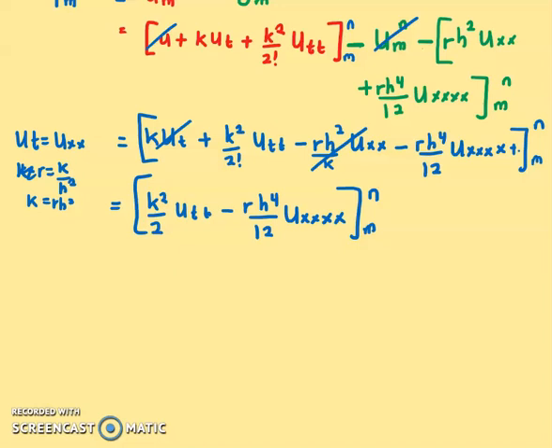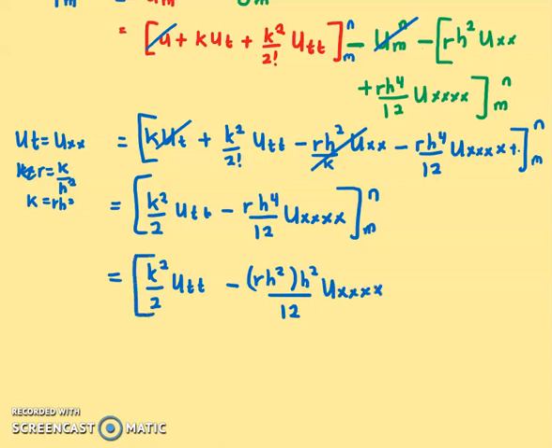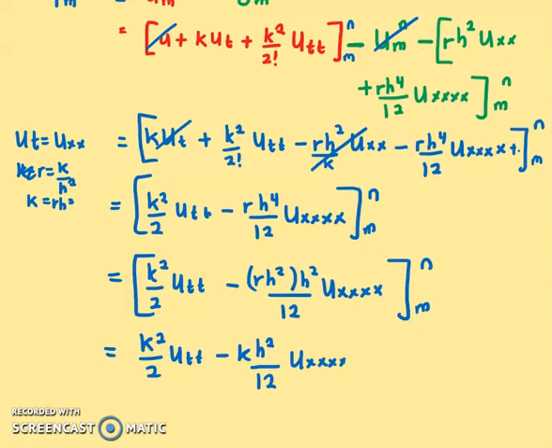Simplifying this, since k equals r h squared, I can write k squared over 2 u_tt minus r h squared times h squared over 12 u_xxxx. Here r h squared is my k, so I have k squared over 2 u_tt minus k h squared over 12 u_xxxx.